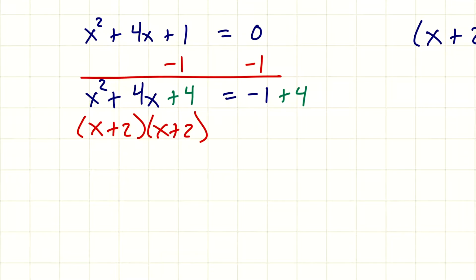Either I'm assuming you know how to factor or you're going to hold off till we get to the little shortcut. So this could be rewritten as x plus 2 squared because there's 2 of them. And on this right side, negative 1 plus 4 is 3. So I'll just keep that down.